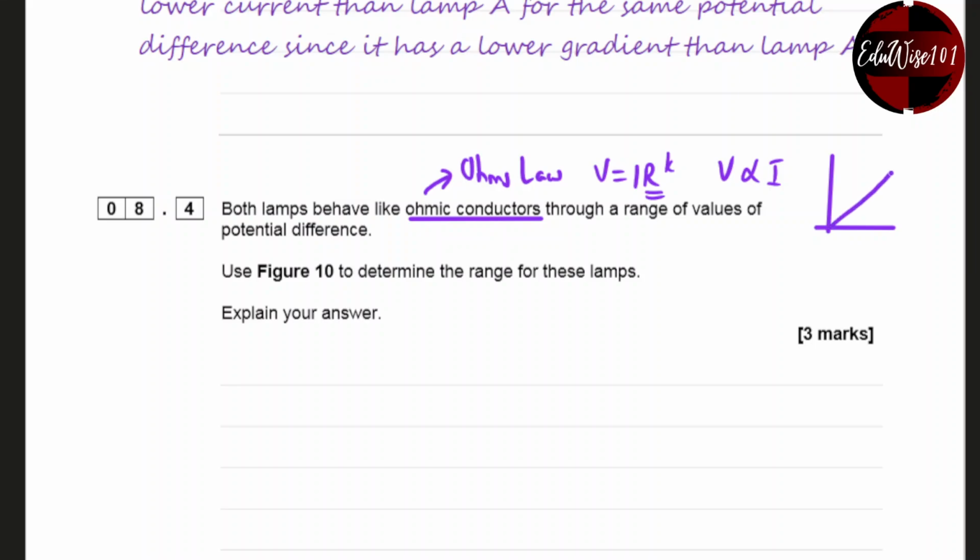And a graph which actually shows this relationship should be a straight line going through the origin, for potential difference and the current. Now, if the line goes through 0 and it's directly proportional, a straight line, then we call it an ohmic conductor. So how does figure 10 show that it is an ohmic conductor, and what is the range for this?